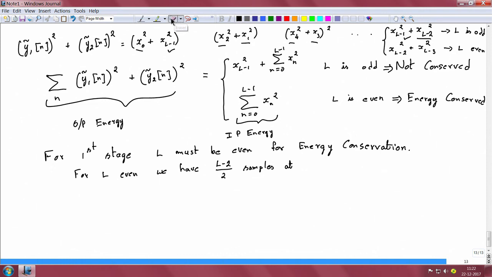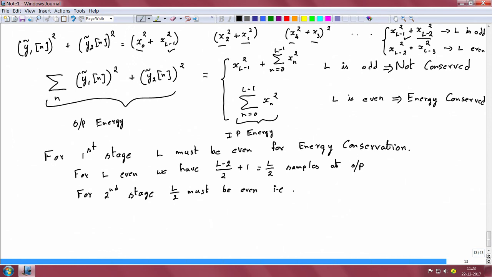Sorry, it is going to be (L minus 2) by 2 plus 1 samples at output, equal to L by 2 samples at the output. So, if we want energy conservation for the second stage, L by 2 must be even, that is, L must be a multiple of 2 square.